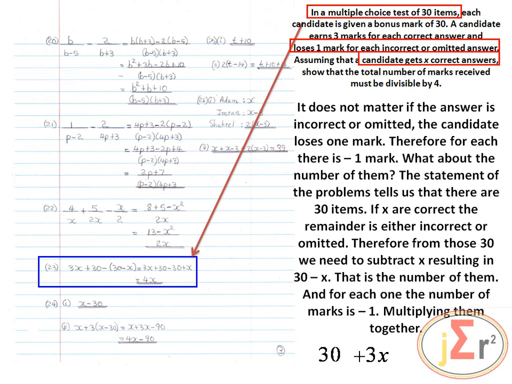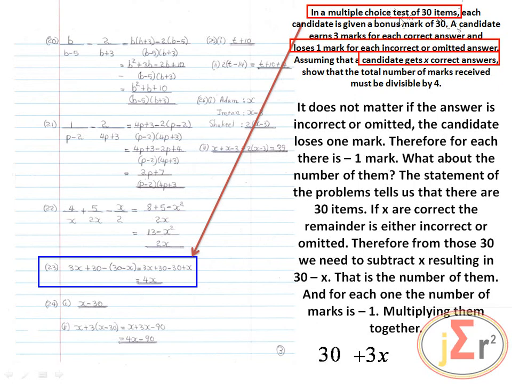What about the number of them? How many of them do we have? We do not have the number of them, but we need to multiply the number of them by the negative 1 in order to determine how many marks were lost. The statement of the problem tells us that there are 30 items.